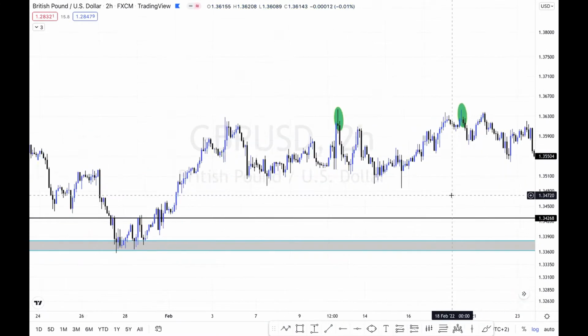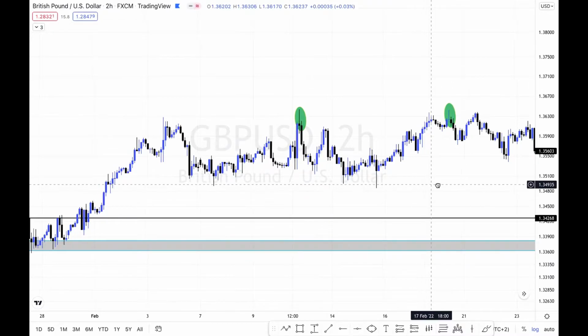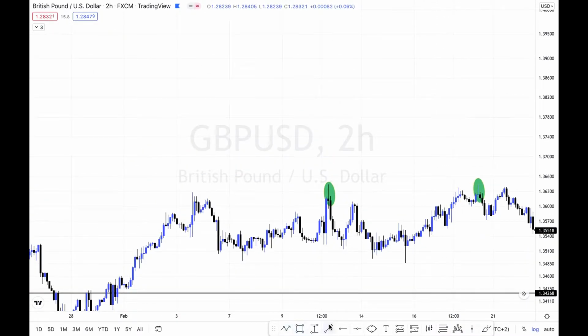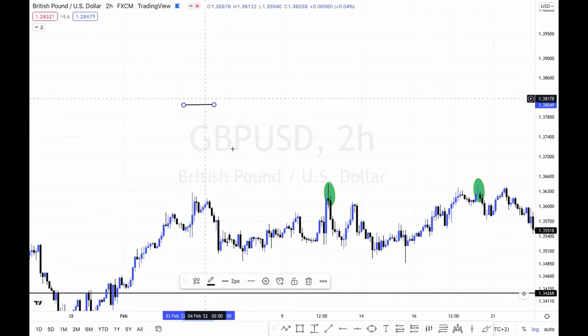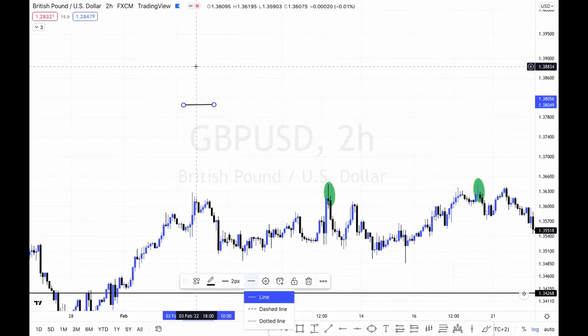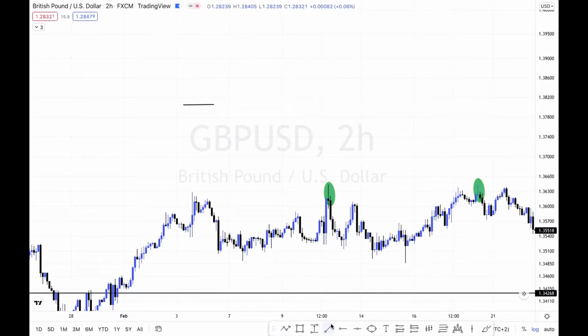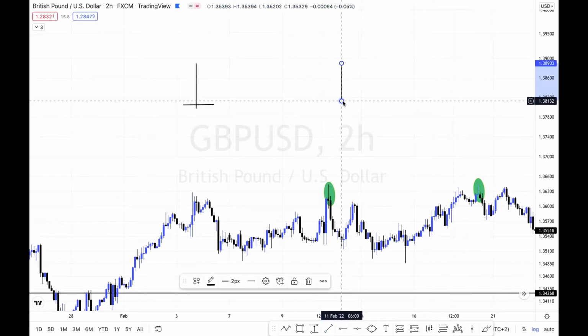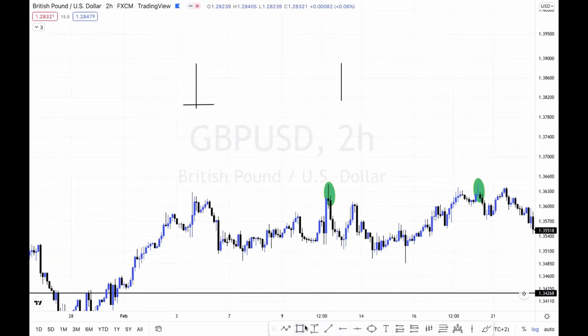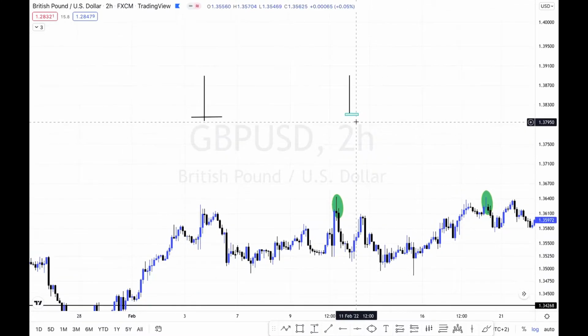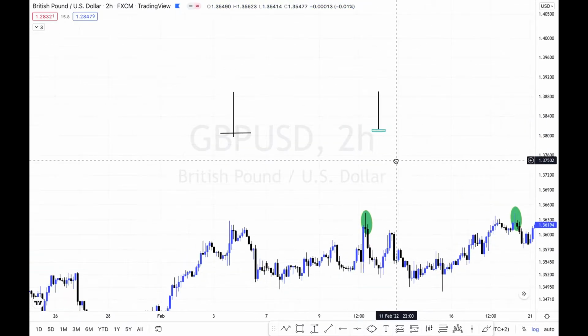So this is what gravestone dojis look like. Or it can even have a body, but the body has to be small. It has to be way smaller than the wick.